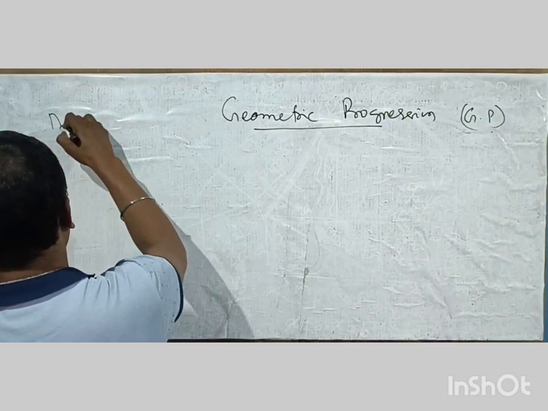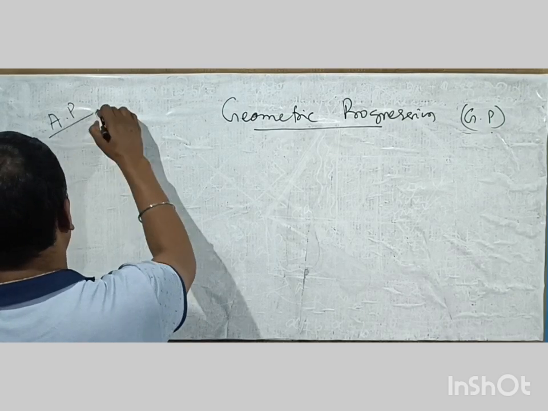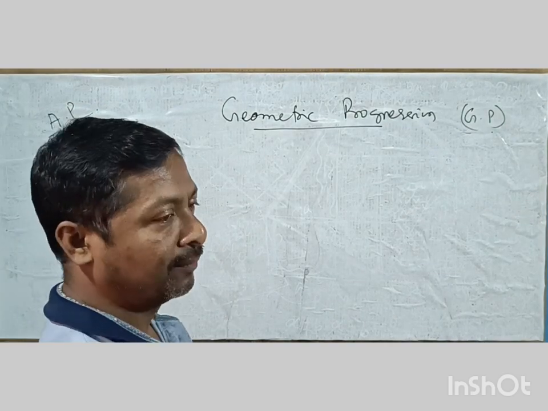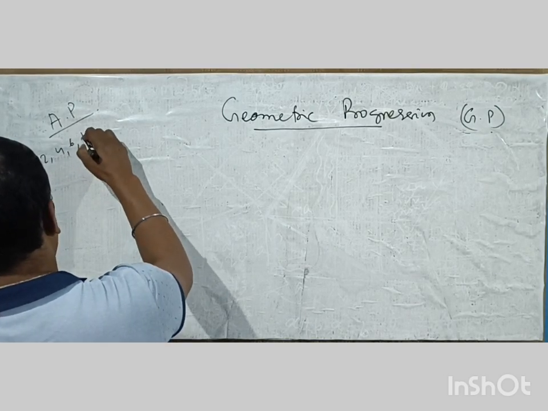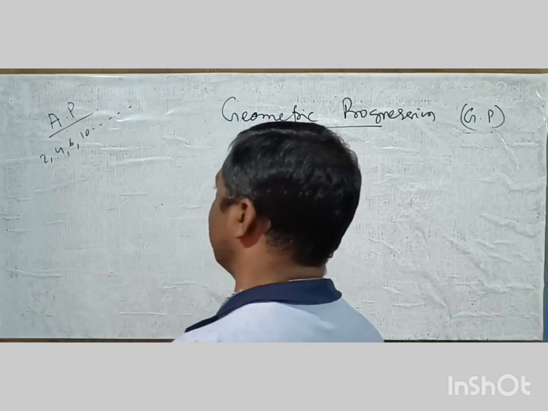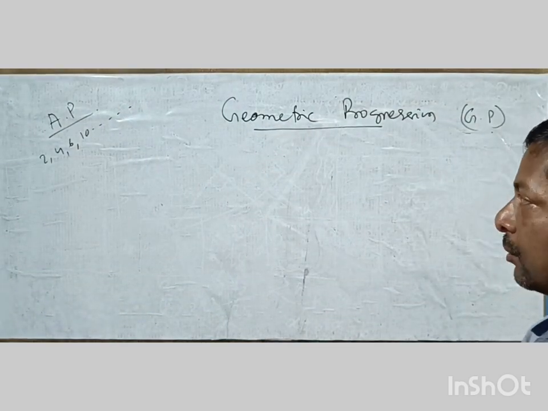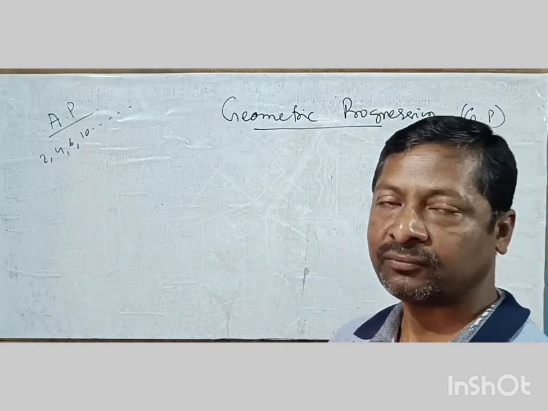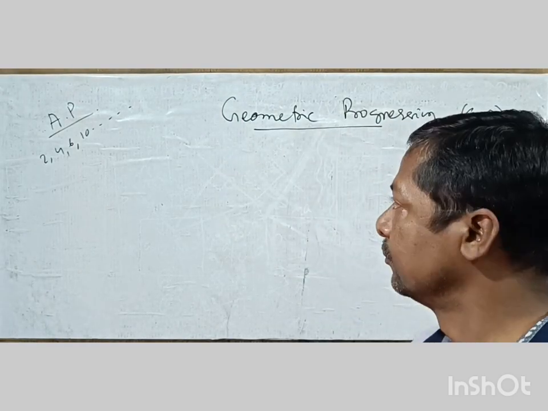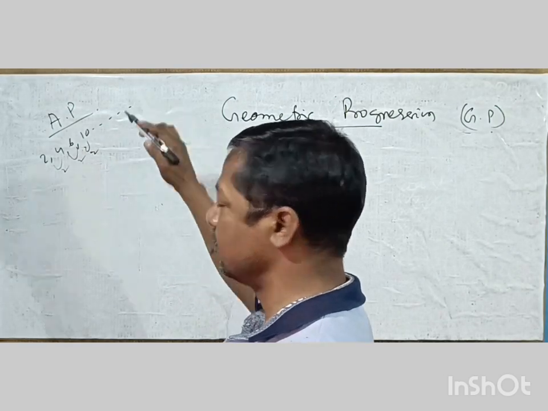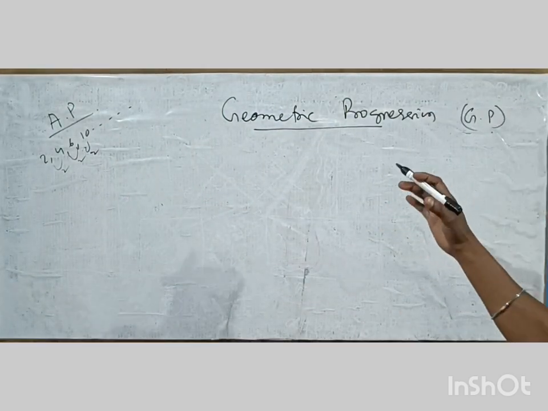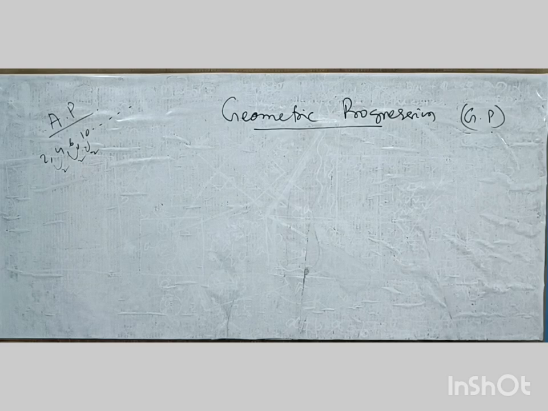In the previous video, we have studied about AP, that is arithmetic progression. And in this arithmetic progression, the sequence is like this. The common difference is constant. The common difference is 2 here, like this. But geometric progression is something different.